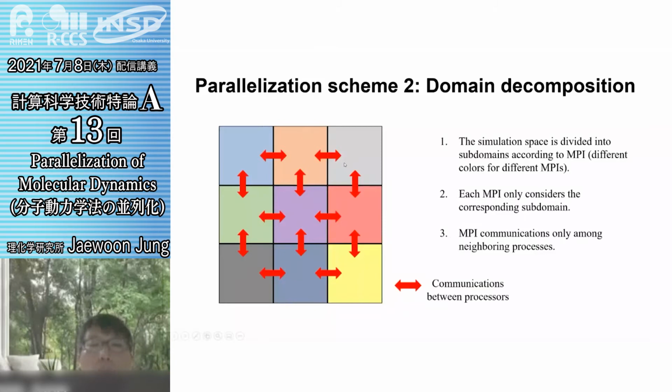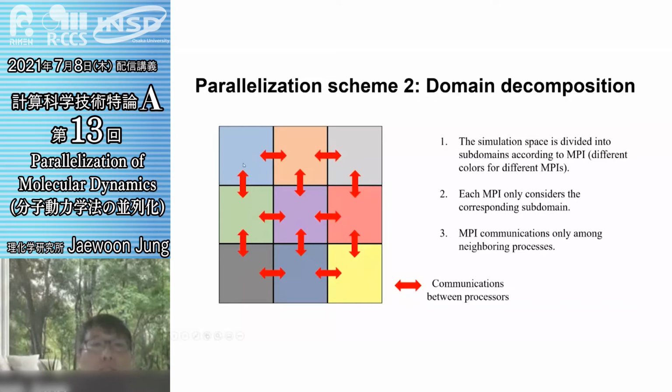And each MPI process only considers the energy and force interaction related to its subdomain. So the MPI process assigned to this one has no idea of the interaction of the particles in this region. They only calculate the particle pairs in their own region.